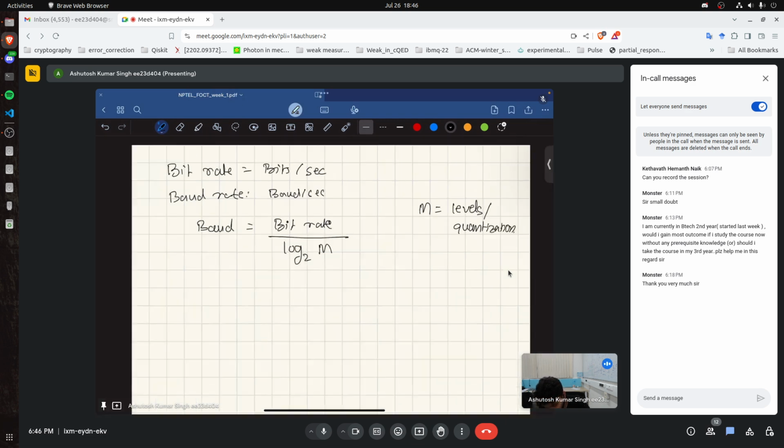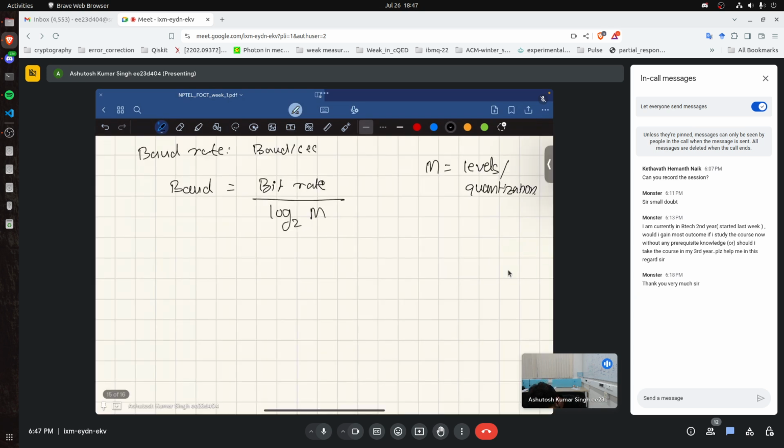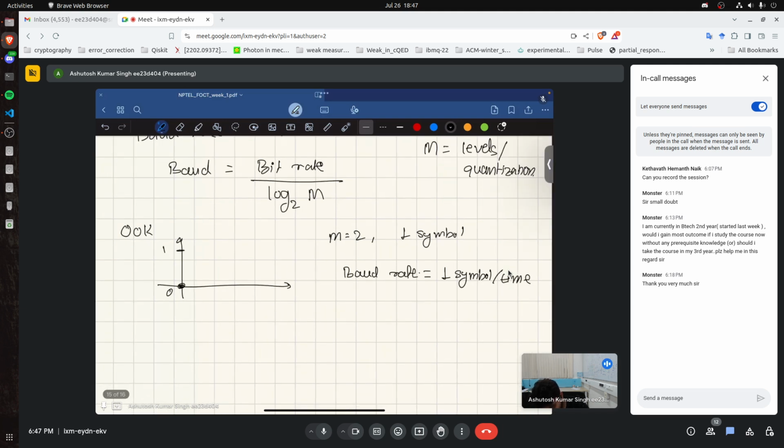Let us do a short example to understand this. For OK, how many levels were there? One is here 0 and the other is here 1, so there are 2 levels. M is equal to 2, and I am transmitting one symbol. So my bit rate, let's do baud rate first. How many symbols am I transmitting per unit time? I am transmitting one symbol per unit time. Now what is my bit rate?